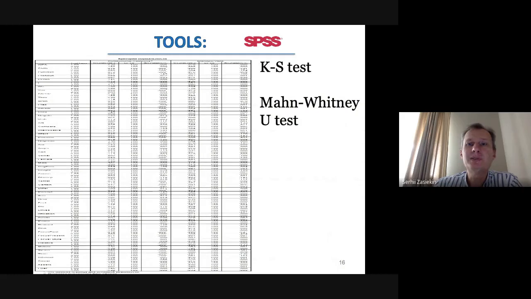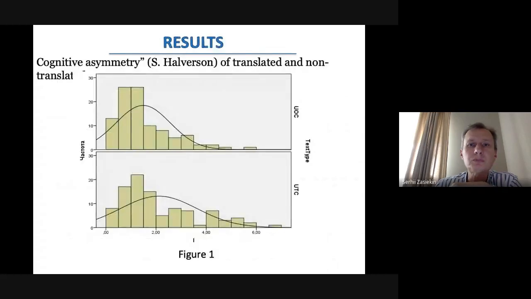Since the texts were not direct translations of the original text, but were translated from one language, and other texts were produced by Ukrainian native speakers, we applied the Kolmogorov-Smirnov test and the Mann-Whitney U test.